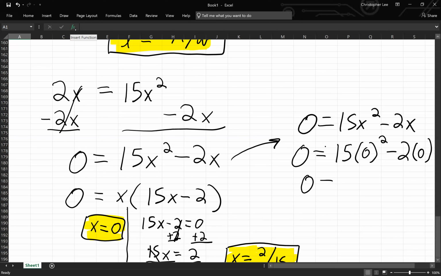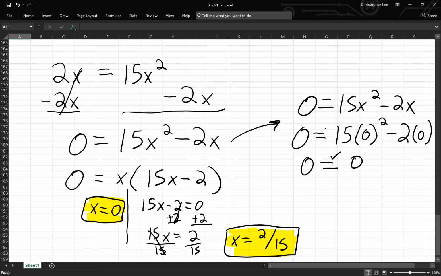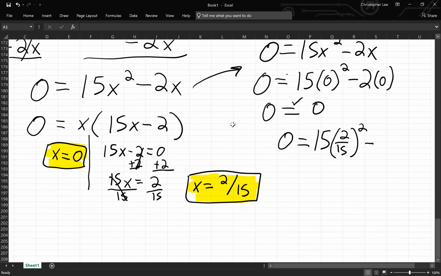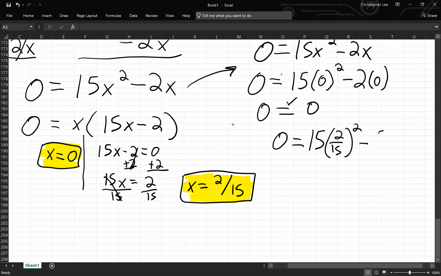That whole thing is 0, so 0 equals 0, right? Now, let's say I plug in the other one, right? 0 is equal to 15 times 2 over 15 squared minus 2 times 2 over 15, right?